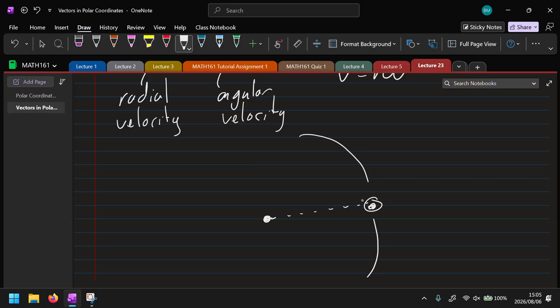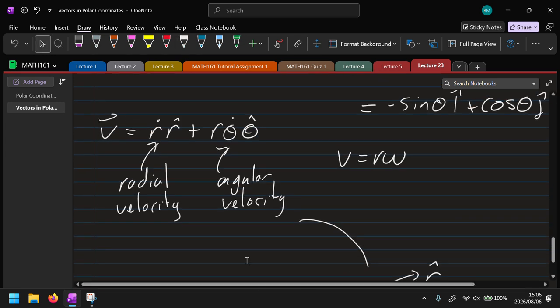So here, we've got the position vector going to the particle. Now, at that point, we can draw r hat. That's going to go outwards. So the velocity in the radial direction is r dot r hat. That's going outwards. And what about this one?